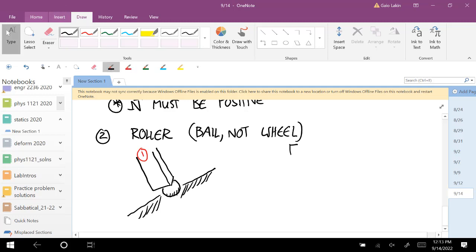And so a free body diagram of that body. The force has to be perpendicular to the surface of contact. Can that force N be positive and negative or just positive?